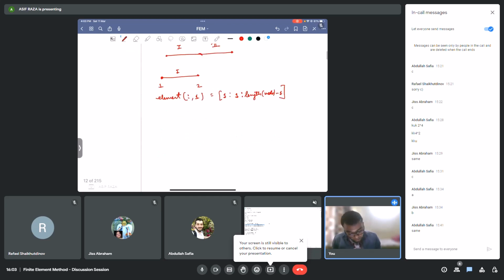So this will give me, for every element in the first column, the result 1 2 3 4 5 6, till the length of node, that is 7 minus 1, 6, till 6 only. And element 2, this is like from 2 to length of node, right?